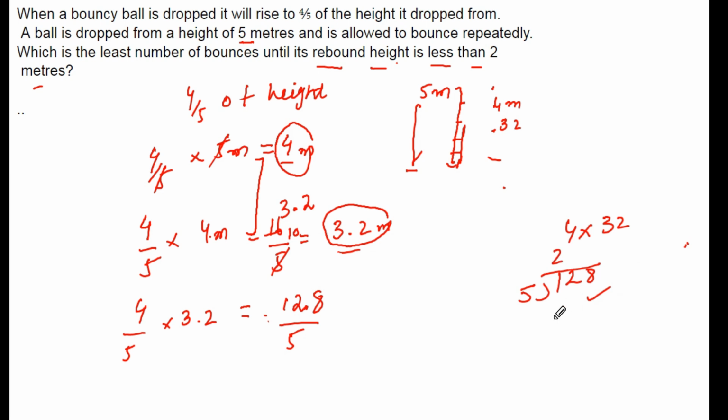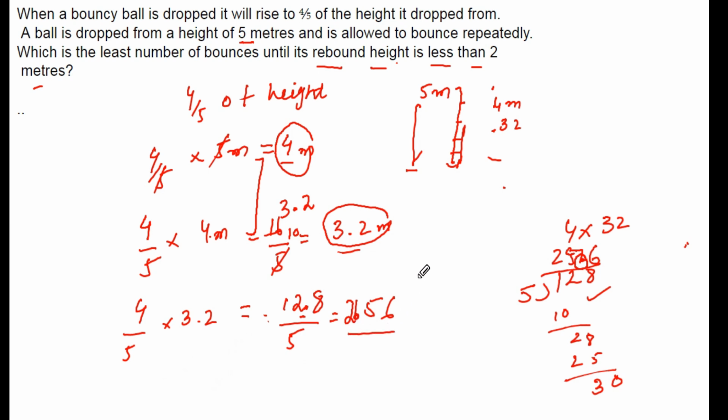So 5 times 2 is 10 and 5 times 5 is 25. It will give you 3 as remainder. So you will put a decimal over here, and 5 times 6 is 30. And there was a decimal in your numerator, so now your decimal needs to move back here, because we are dividing these numbers. So your answer will be equal to 2.56.